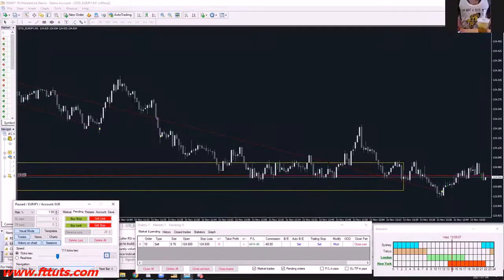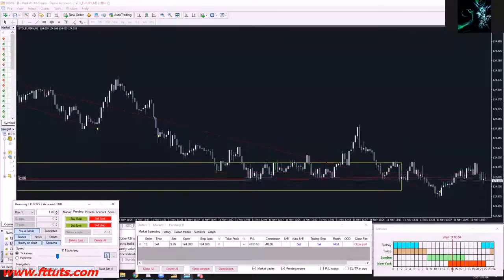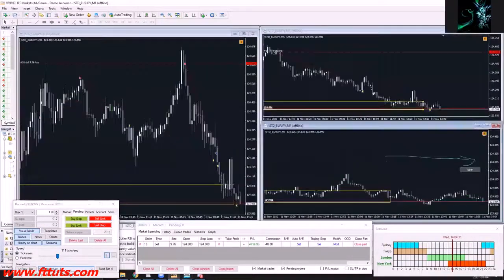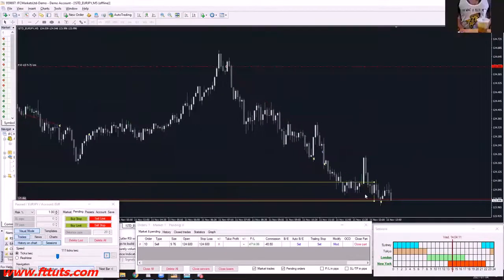So what I see here is pretty much we have equal lows getting taken out, right? So I'd like to see the structure break here. Build liquidity here. Let's look on the 5 to see if it's cleaner. Yeah, it's cleaner on the 5.